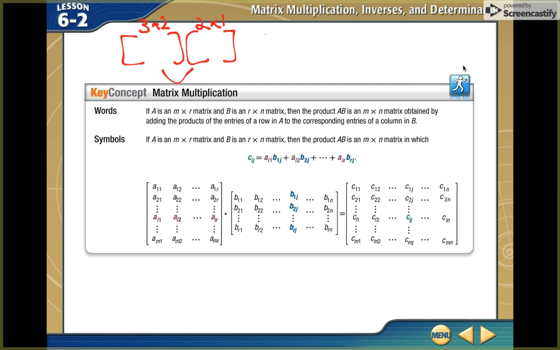If I've changed the order though, if I did a 2 by 1 and I try to multiply with a 3 by 2, we can see those inner dimensions don't match, which means we're not going to be able to multiply those. So when you're multiplying numbers, 4 times 5 is 20, and we have our commutative property where 5 times 4 is also 20, that doesn't exist for matrices. We can't just flip the order of our multiplication. It has to be where those inner dimensions match up.